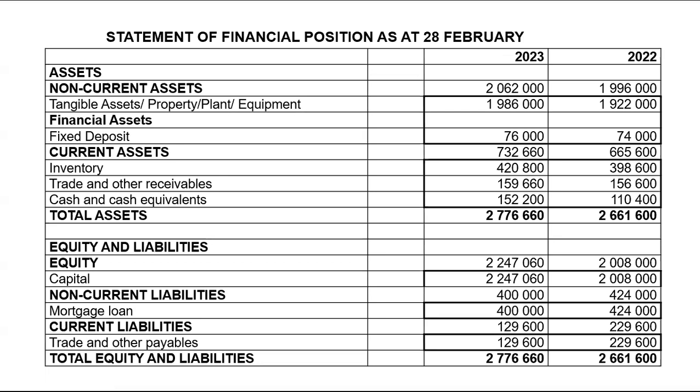But of that, wow, 420,800 was for inventory, which makes sense as to why they said the comment that they said earlier on. This business, Veritas, holds too much stock of the current assets. 420,800 was on inventory. It holds too much stock.